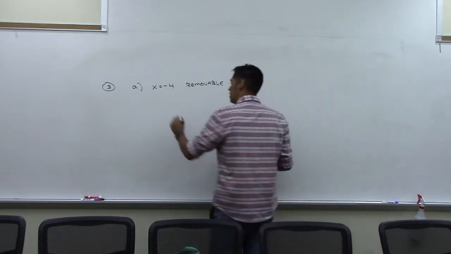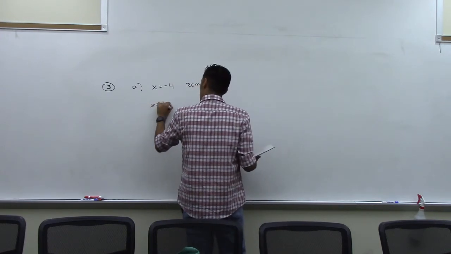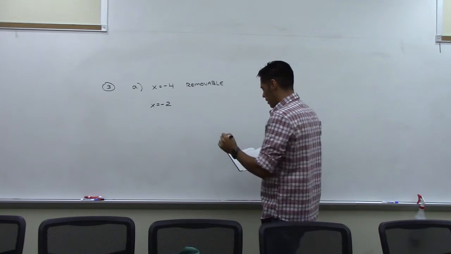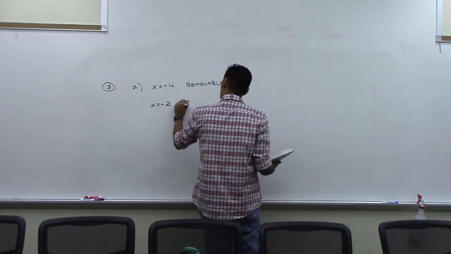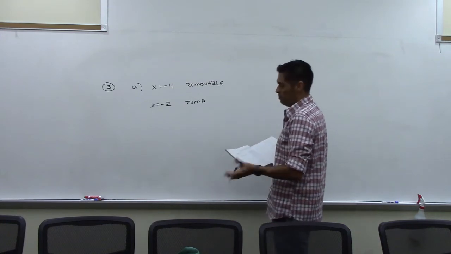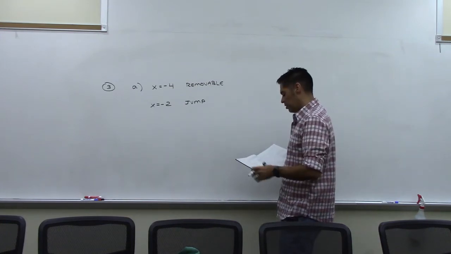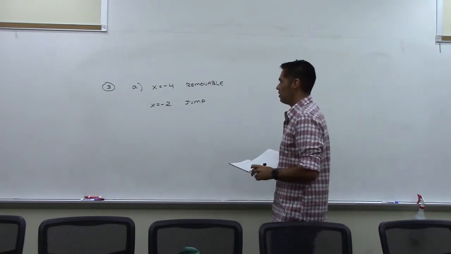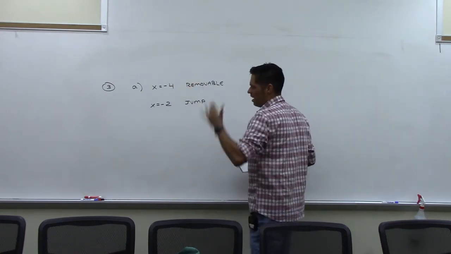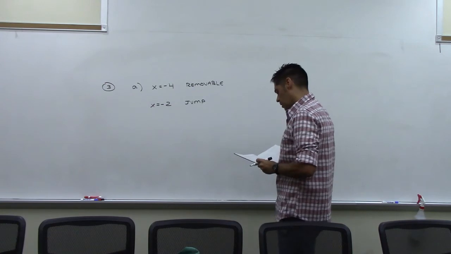Now at x equals -2, we would have to again lift up our pencil because there's a jump. So this is called a jump discontinuity. And we can't fix jumps unless we want to move the entire graph, which would not be an easy fix. This removable discontinuity is easy because you just fill in a dot and that would be it.